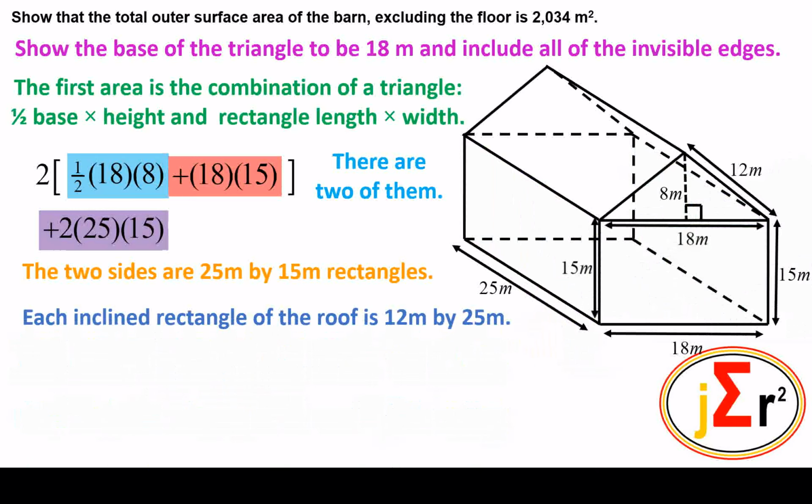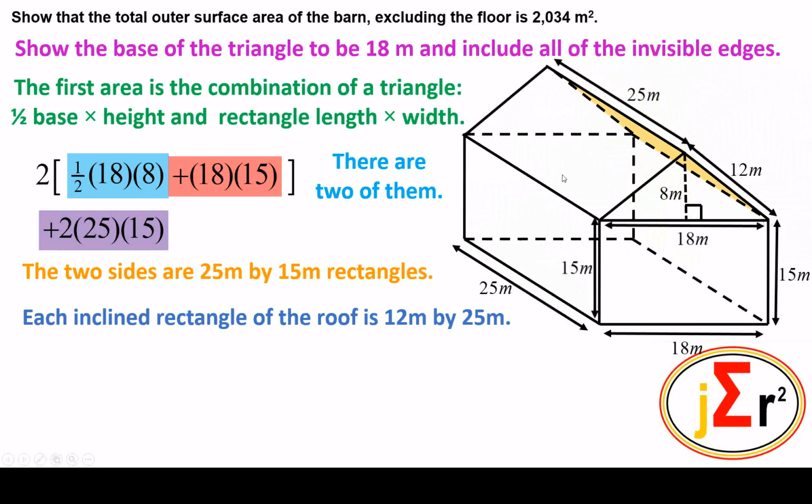Each inclined rectangle of the roof is 12 meters by 25 meters. We have two inclined rectangles. This is one of them. And then the other one is quite a bit out of view. But each of them is 12 meters, which is the slant height, by 25 meters, which is the length.